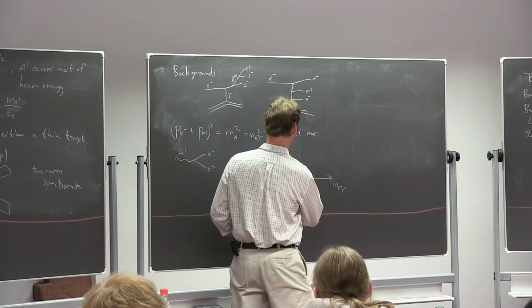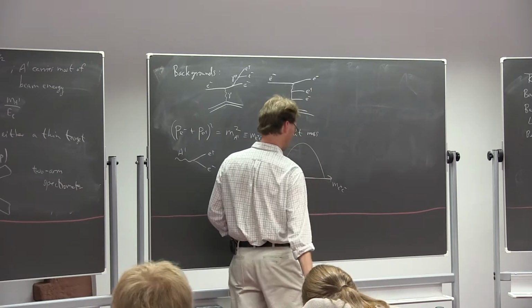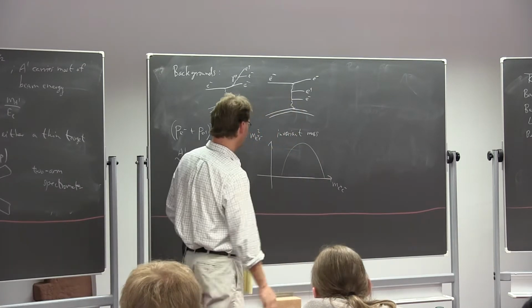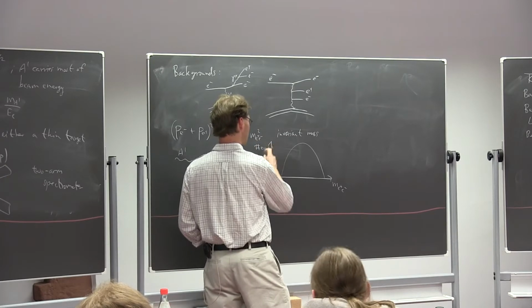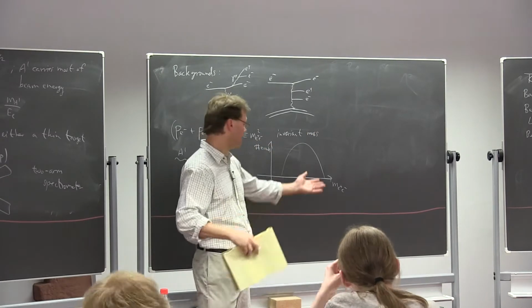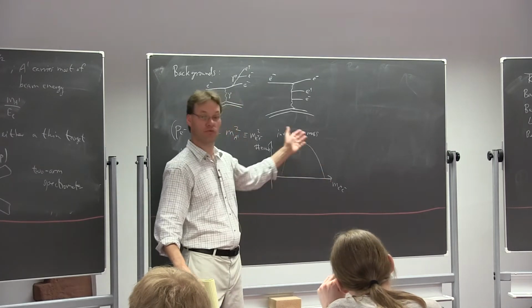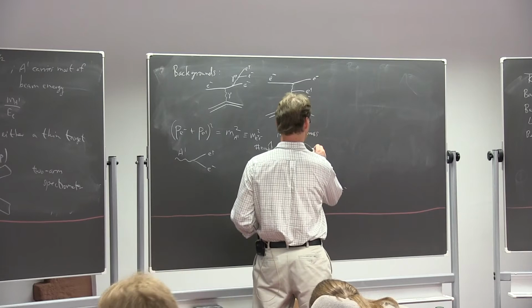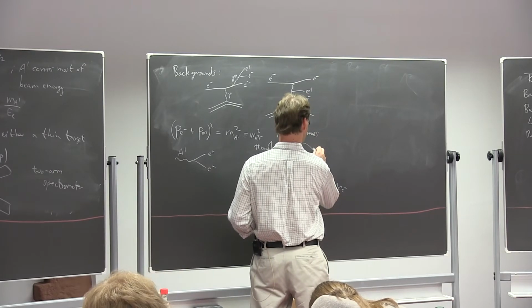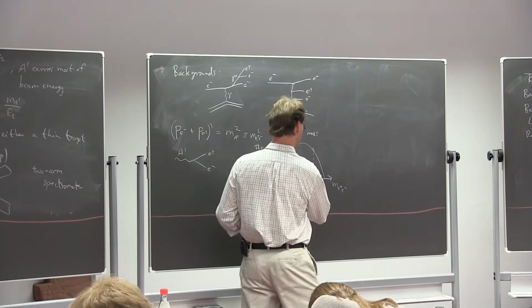So an apex or so, it'll look something like this, some broad distribution. And then this is the number of events. So you plot all events, you get tons of events, and you just plot the invariant mass. The background is going to have some smooth distribution, hopefully smooth. And then what you're going to look for is a bump, a little resonance. Okay, and that's going to be the dark photon.